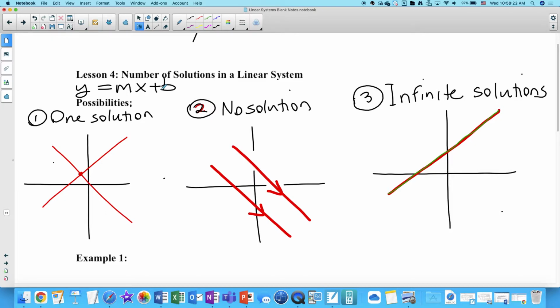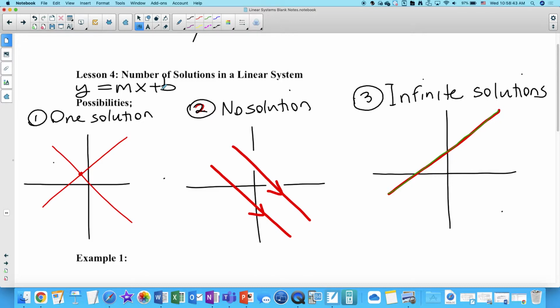Think about the slope and the y-intercept and what we would have to see. Might actually be easier to start with this one, with infinite solutions. What would you see with the slope and the y-intercept if the lines overlapped? Same slope and same y-intercept.